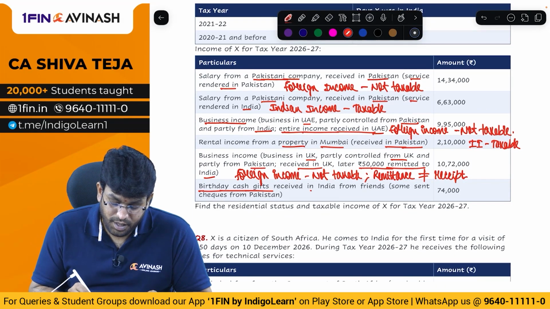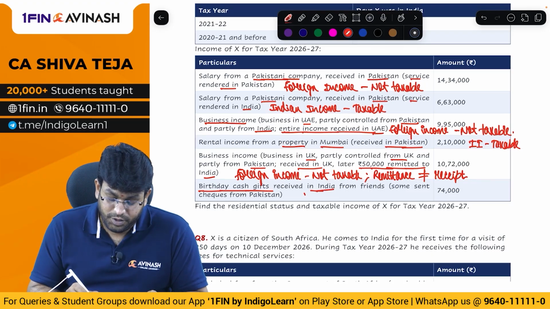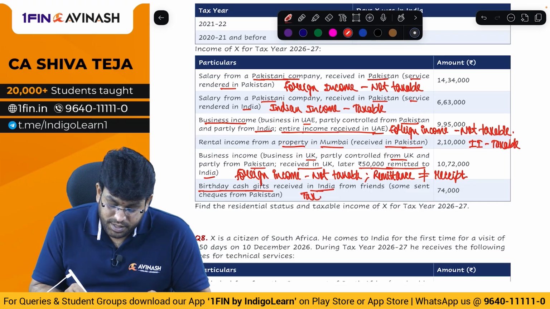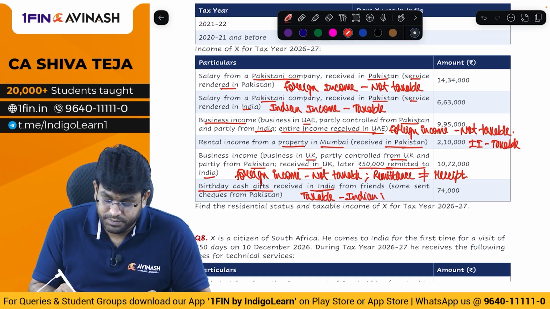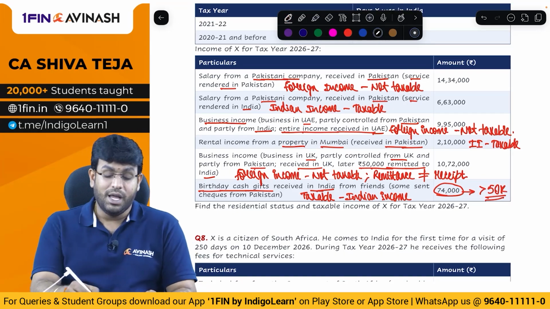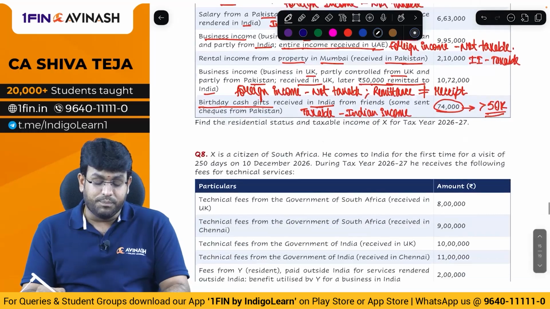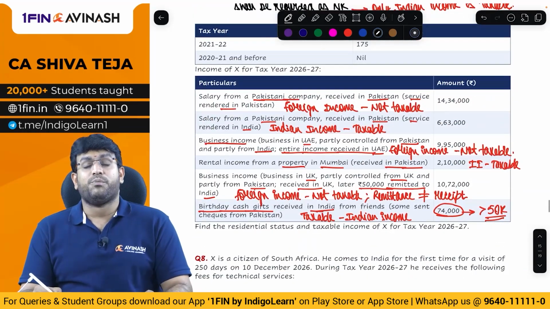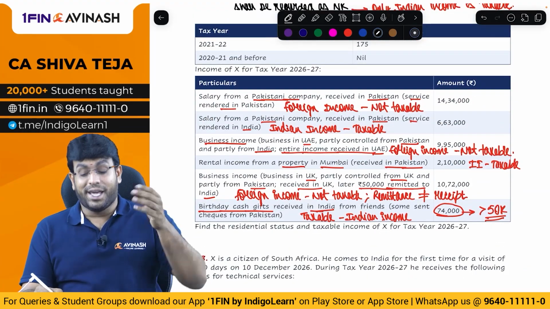Birthday cash gifts received in India. The moment we say in India, it is definitely taxable as it is an Indian income. And under income tax law, my dear friends, if the gift is greater than 50,000 per annum, it is definitely taxable. And if it is more than 50,000 per annum, I repeat, entire gift is taxable.